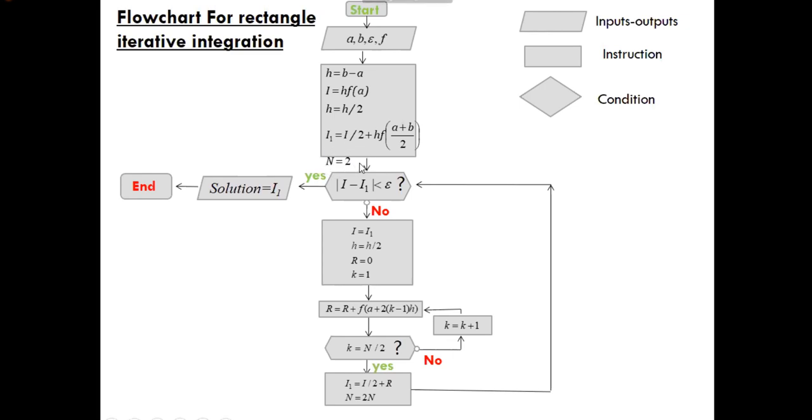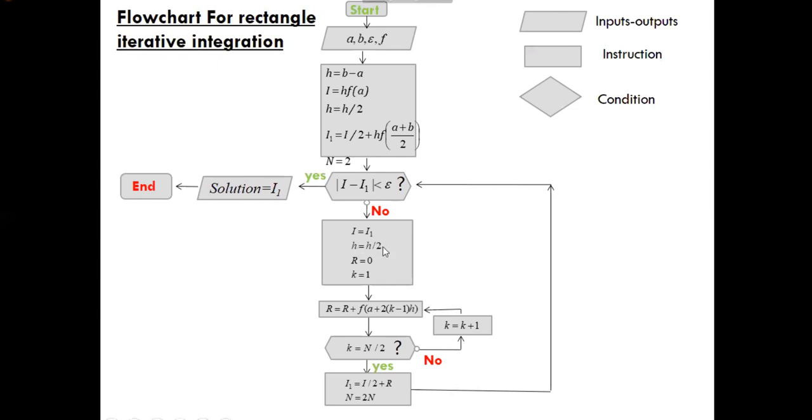And now we will enter and make a while loop. While I minus I1 is inferior to epsilon, I equals I1. You assign to I the old integral, the integral at step n, because now you calculate at step n plus 1.